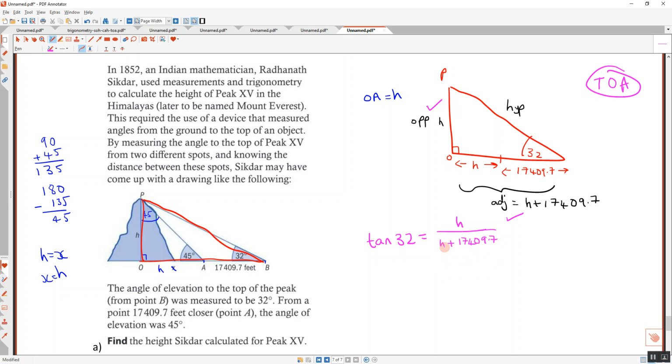Now, if it was any other problem and I had stuff on the bottom, I would multiply everything by what is on the bottom. So I'm going to take what's on the bottom across and multiply. 17409.7 multiplied by tan 32 is now just equal to the h on the top. At this point, it doesn't look very nice, but I'm going to multiply out these brackets.